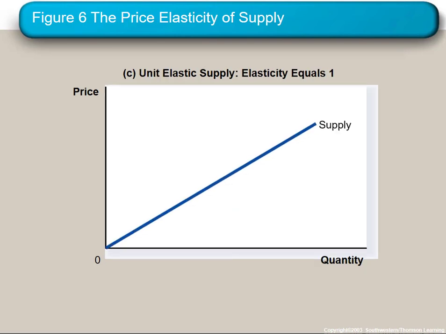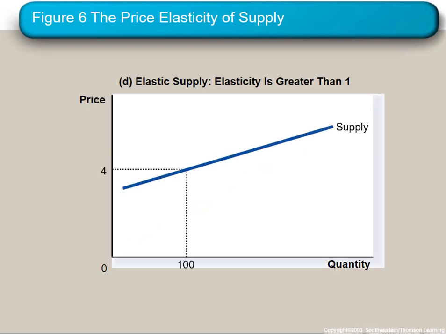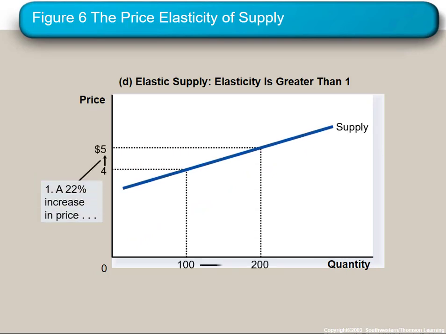You can also have unit elastic supply curves where you get the same percentage change in quantity supplied as the percentage change in price. So in this case, you can see a 22% increase in price is a 22% increase in quantity supplied. And if you have an elasticity that's greater than 1 for supply, then you're getting a bigger increase in quantity supplied compared to the increase in price.